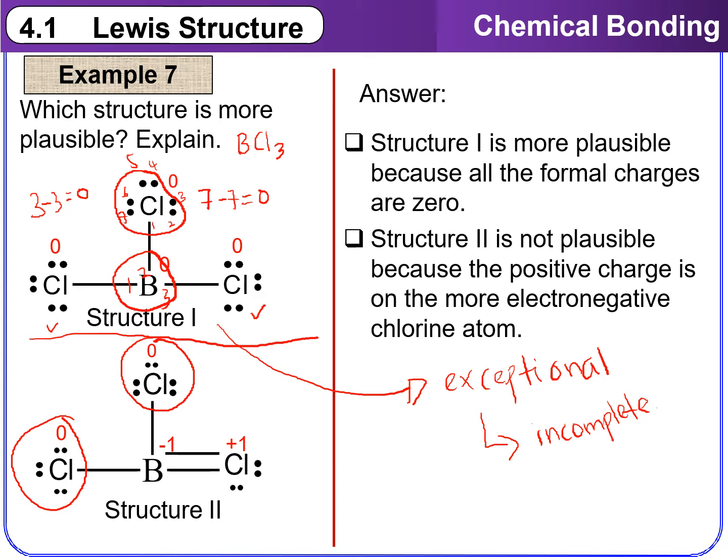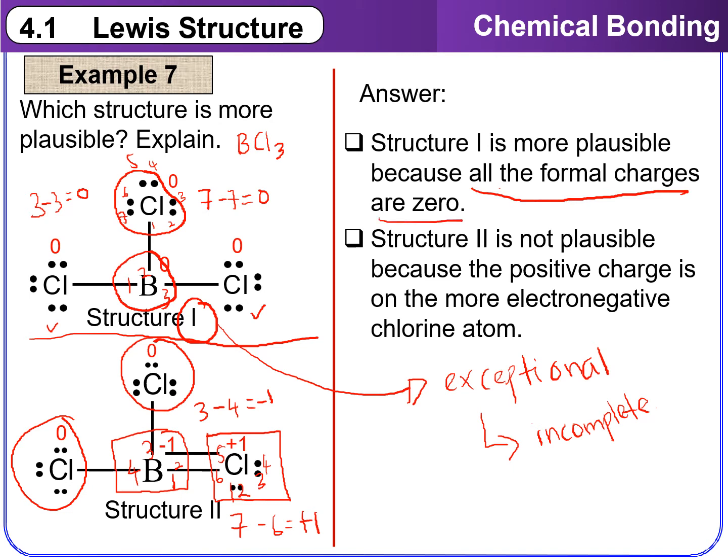So now this boron has a double bond. We are going to use 3 minus 1, 2, 3, 4, so that will equal -1. While for the chlorine with the double bond, we go 7 minus 1, 2, 3, 4, 5, 6, which is equal to +1. So compared to this, structure 1 shows the lowest formal charge because all the formal charges are 0.